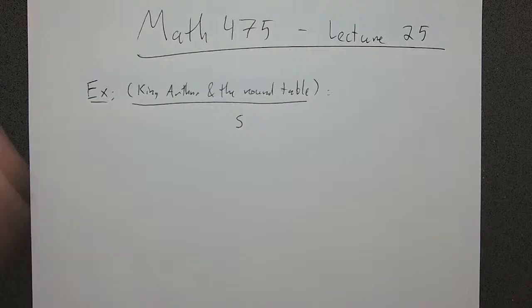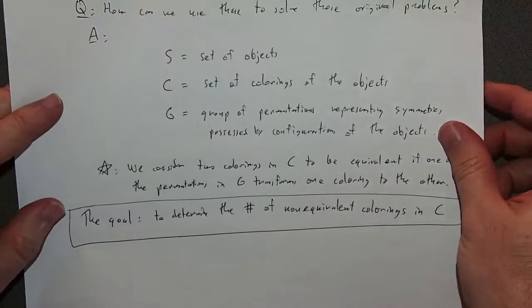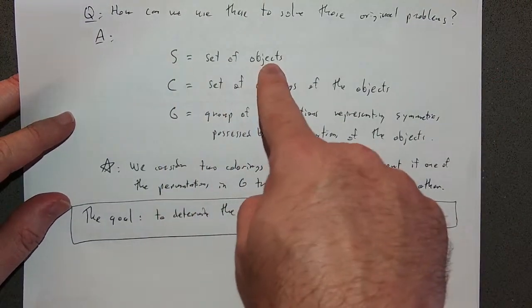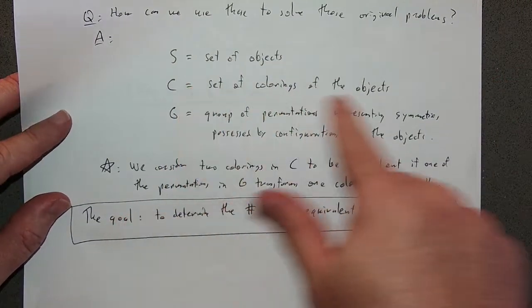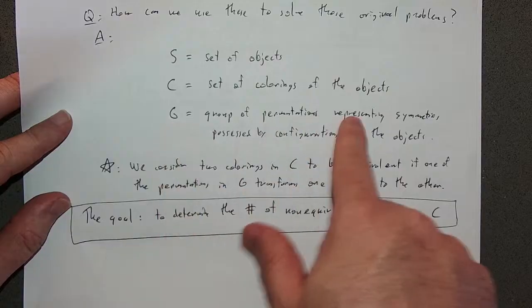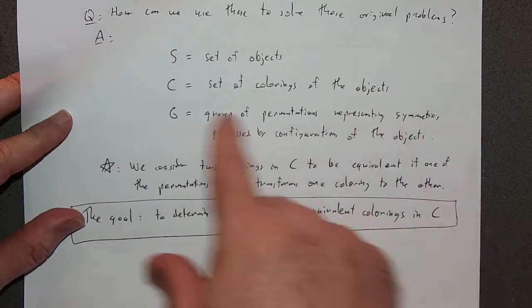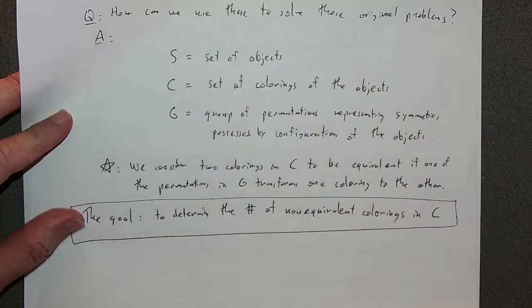Remember this formulation that we had, this idea that we had for doing this was to come up with our set of objects, to describe what the set of colorings looks like, to describe the group of permutations that represent symmetries possessed by this configuration of objects.